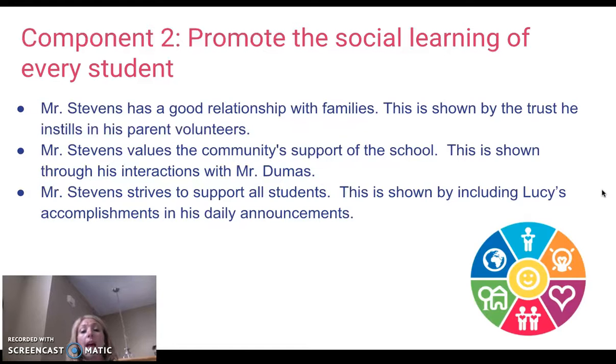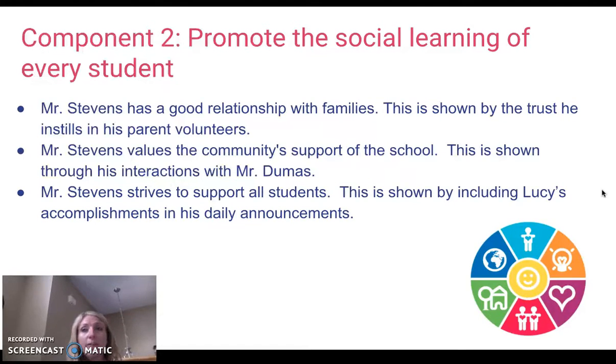Component number 2, how did they promote the social learning of every student? It was apparent that Mr. Stevens has a good relationship with those families of his students. This was shown by the trust that he instills in his parent volunteers. He gave them a lot of responsibilities and he trusted them to do the right thing. It was also apparent that Mr. Stevens values the community support of the school. This was shown through his interactions with Mr. Dumas.